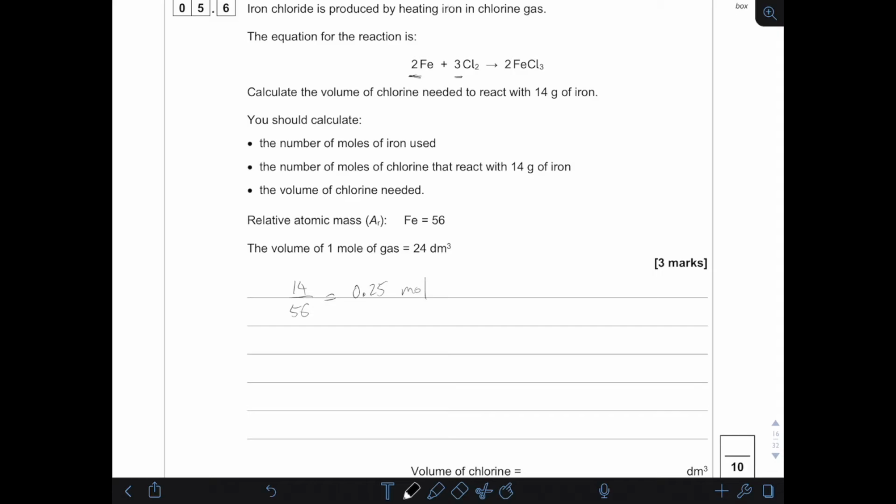If we want to use that ratio, we need to calculate the moles of chlorine gas: 0.25 divided by 2, which gives us 1 unit of iron, times 3 units of chlorine gas, which is 0.375 moles of chlorine gas.